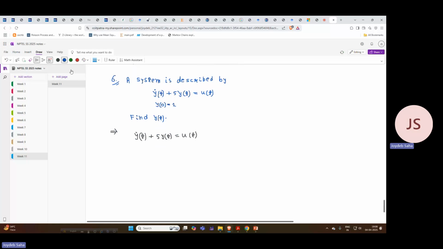Okay, write it here that ut is unit step.